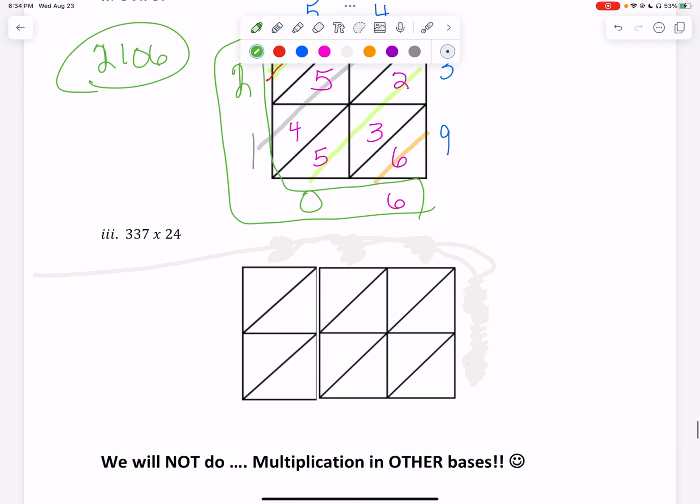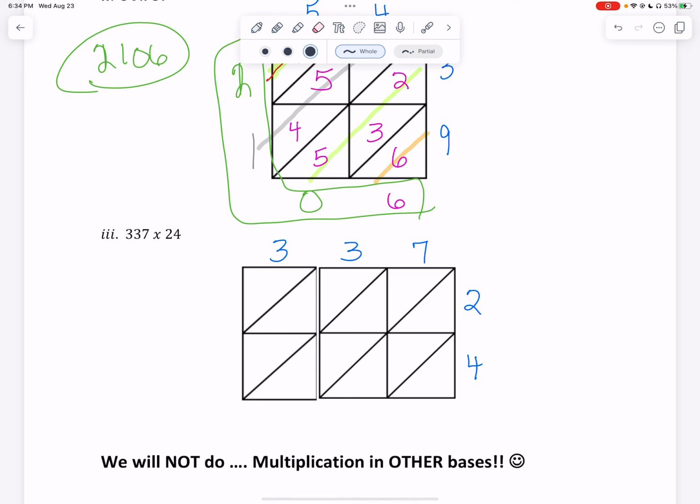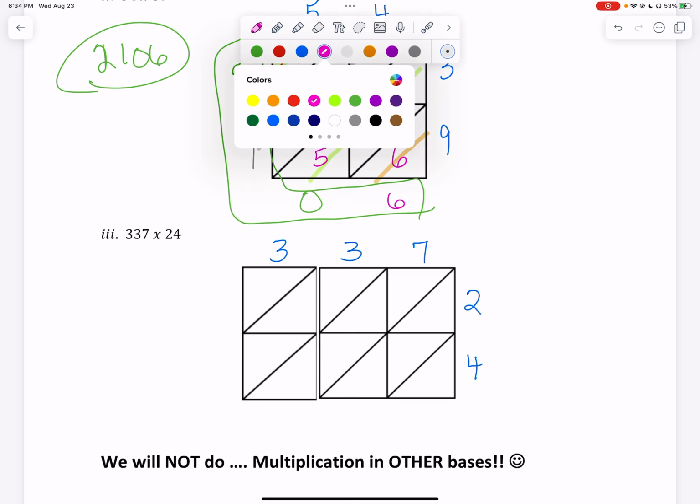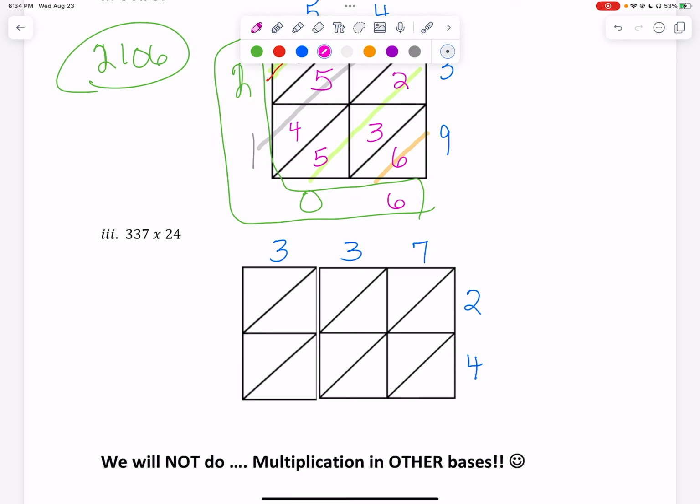All right. Last one. Notice this one has more numbers, so we're going to have more boxes. Okay, let's go in. 7 times 2 is 14. There we go. 3 times 2 is 6. 3 times 2 again is 6 again.